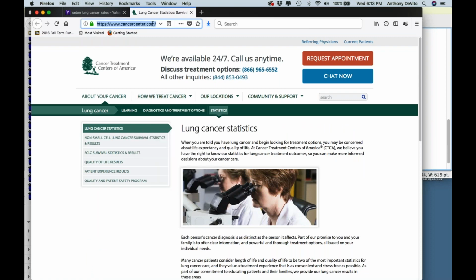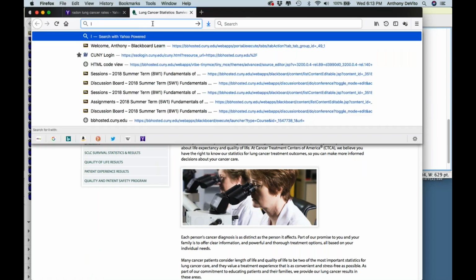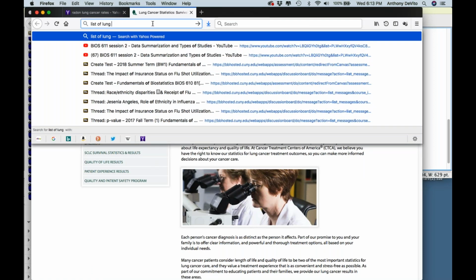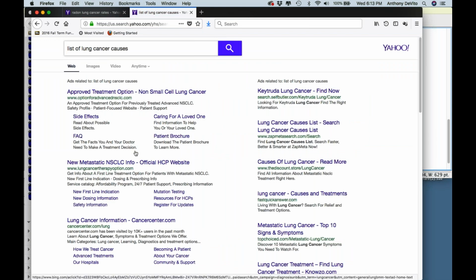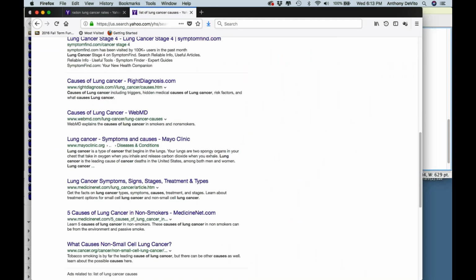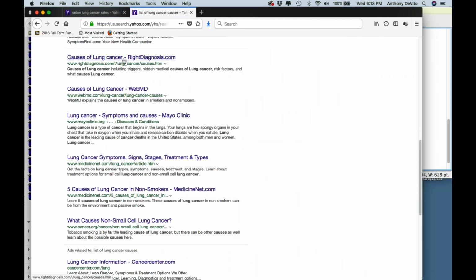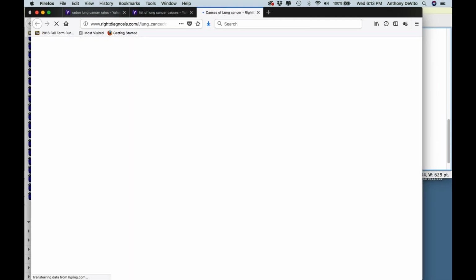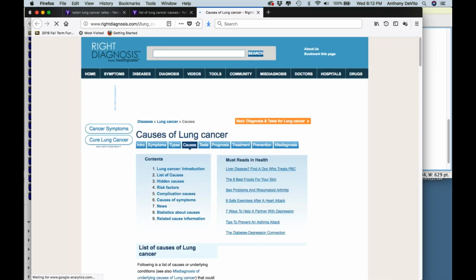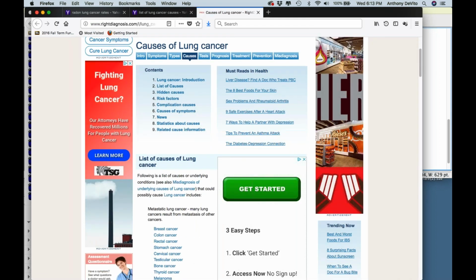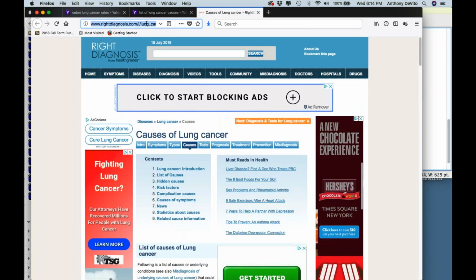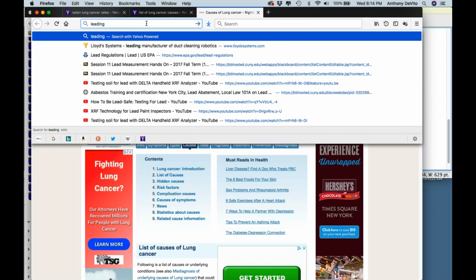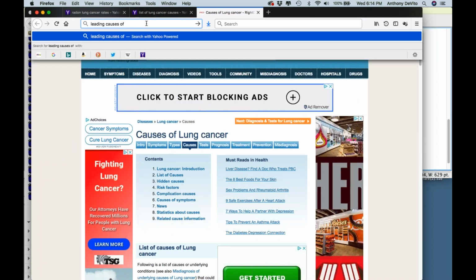Let me try this one other way. List of lung cancer causes. Causes of lung cancer. If you want to check that statistic, if I'm wrong, I want to stop using it. Try this one more time. Leading causes of lung cancer.